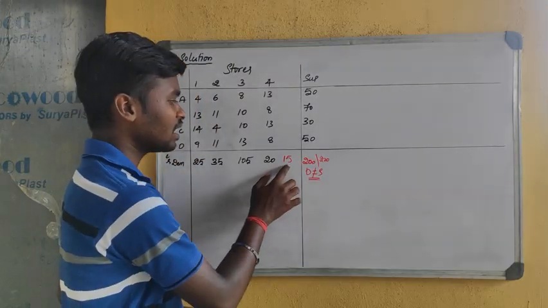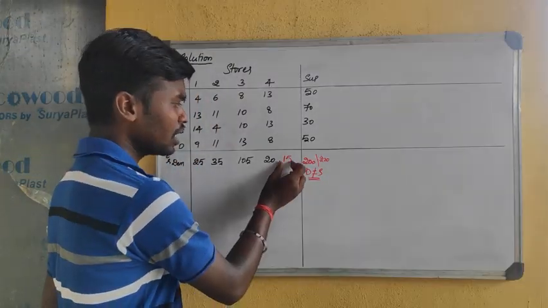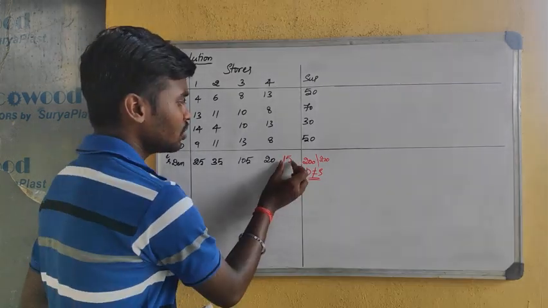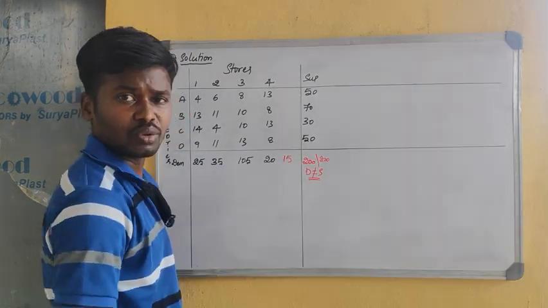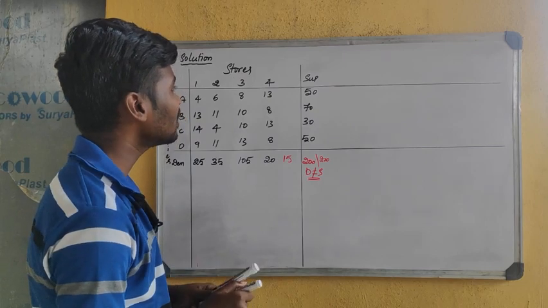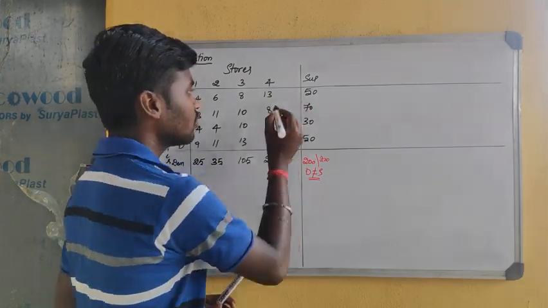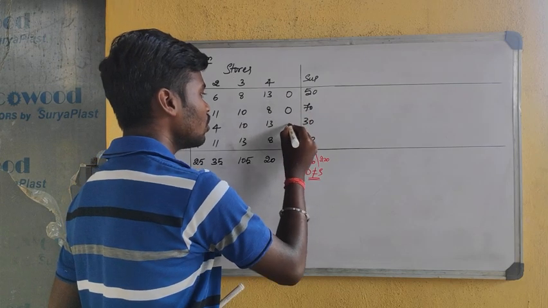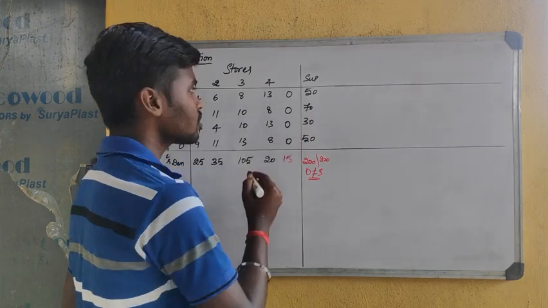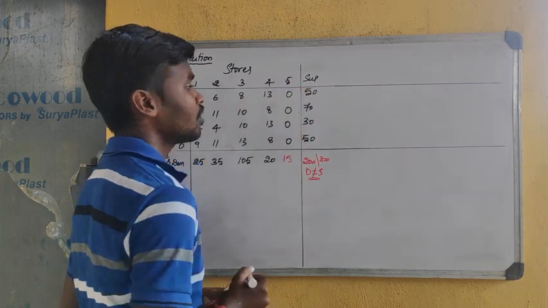After adding the required demand, this 15 relates to a column, so we have to add the dummy column here. A dummy column means we introduce zero costs. This is column number 5.